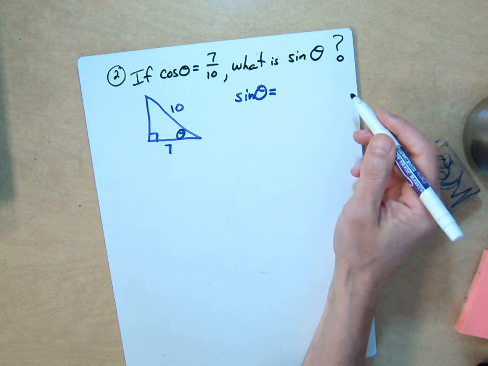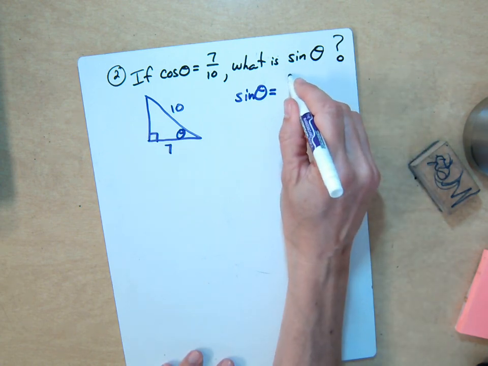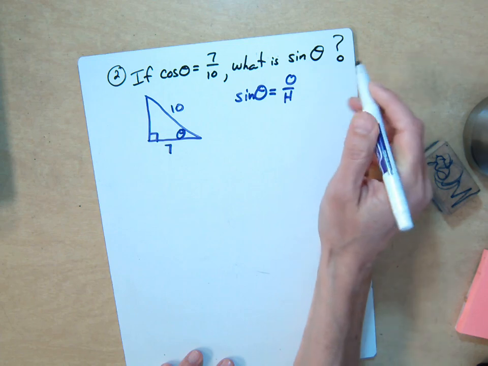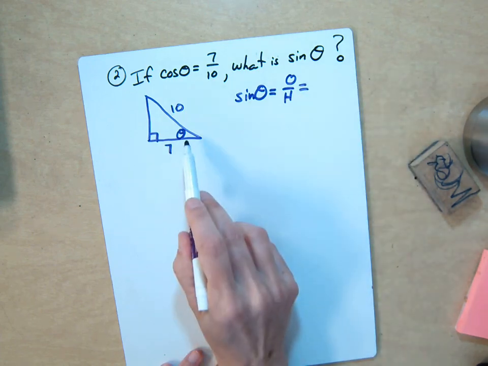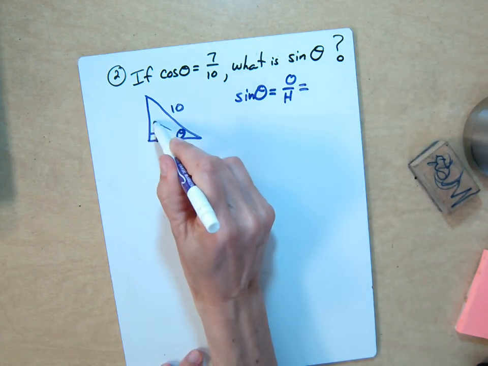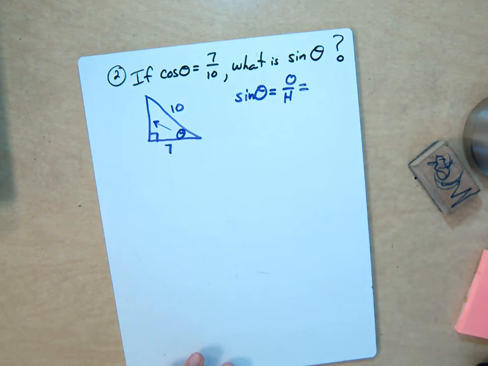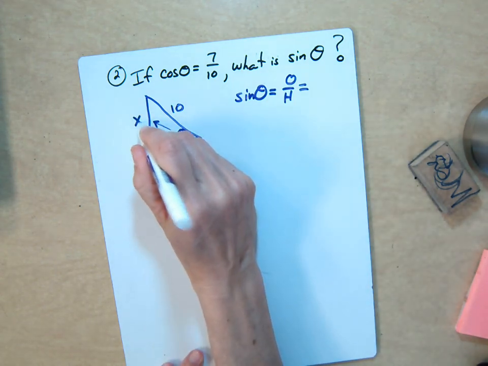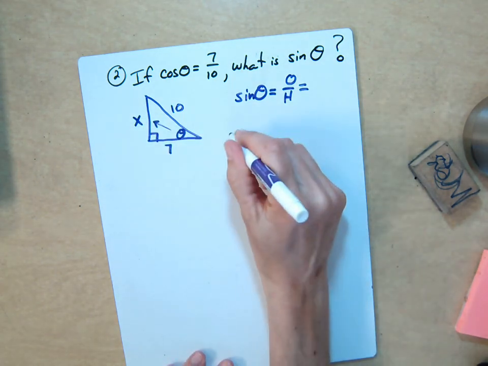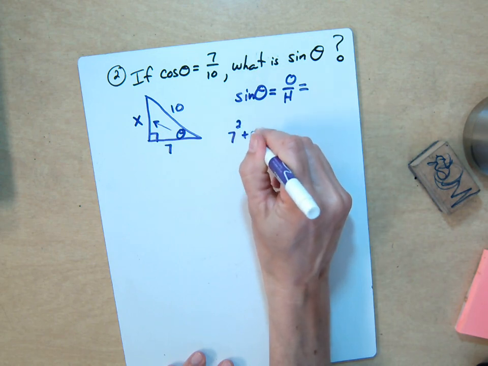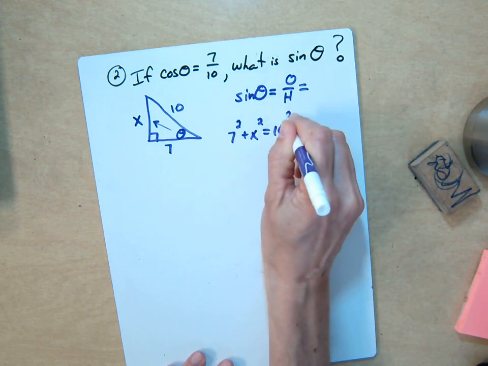So immediately you think SOHCAHTOA in your head: sine is opposite over hypotenuse. So I'll even put O over H. So what is the opposite side? This is the opposite side of the angle. Well, I don't know, so I'll label it x because I don't know. So I'll go leg squared plus leg squared equals hypotenuse squared.